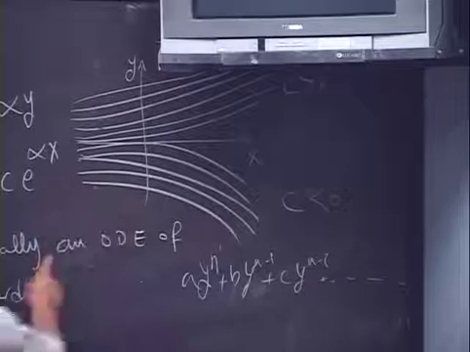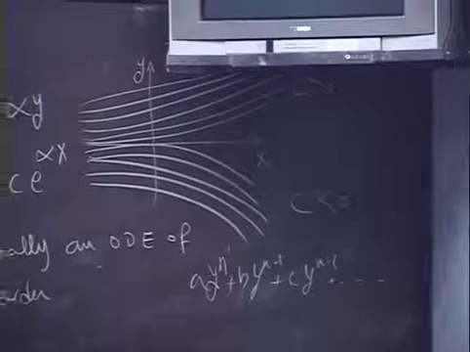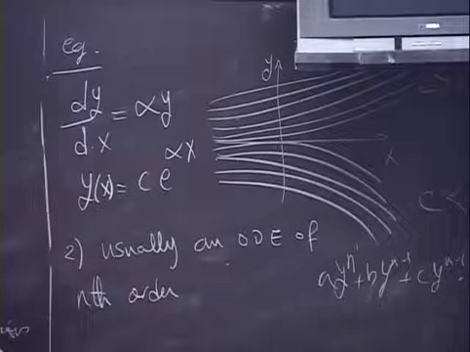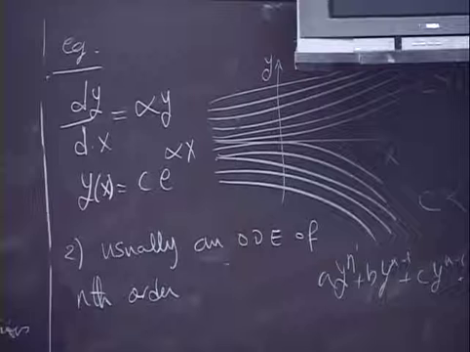Okay, so if you have an equation like this of nth order, how many solutions will you have? N solutions. If you have a second order equation, 2. If you have a third order, 3. A fourth order, 4. It is exactly the same as with matrices.